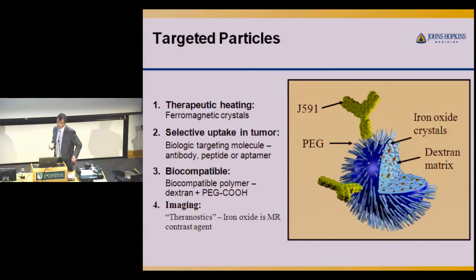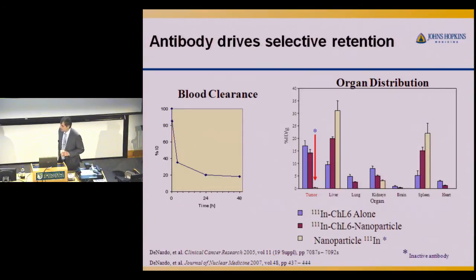We coated that dextran with polyethylene glycol to enhance circulation time. And the selective targeting in the case that I'm going to talk about is a different antibody. And also we had put onto the antibody indium-111 as an imaging label to be able to characterize the biodistribution and blood clearance.